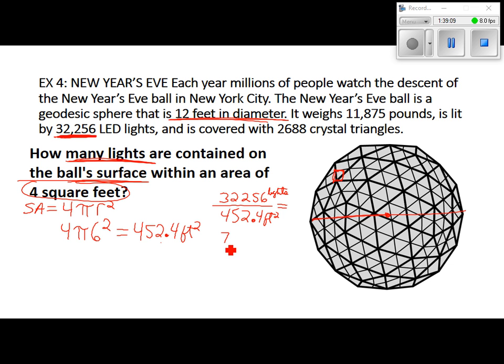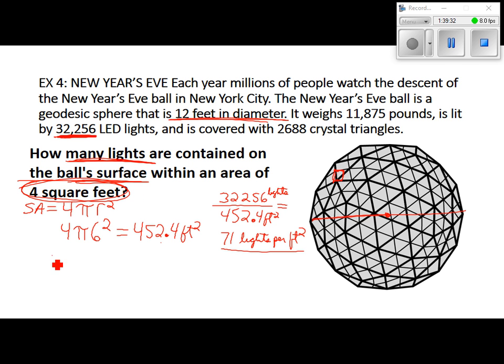So we divide that, and we're going to round it off quite a bit, and I come up with about 71 lights per foot squared, or square foot. Well, that's still not the answer we want. This is for 1 square foot, and they want to know how many there are in 4 square feet.